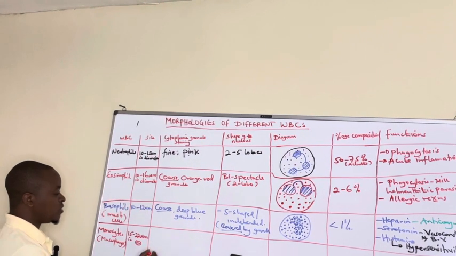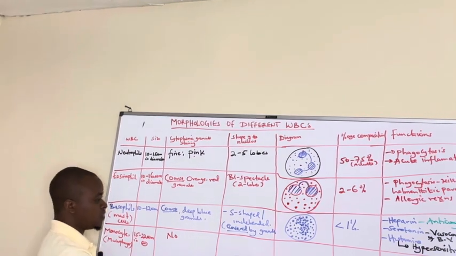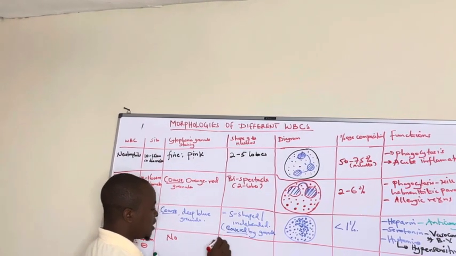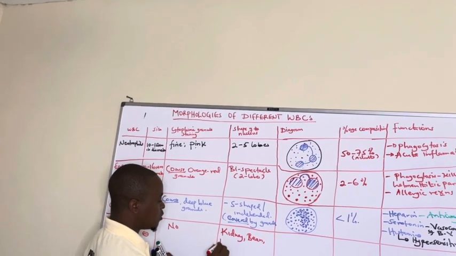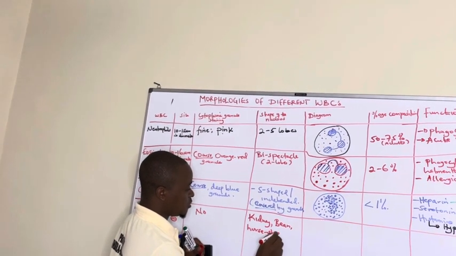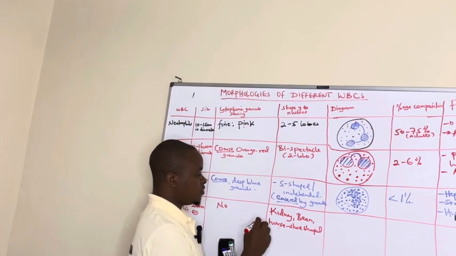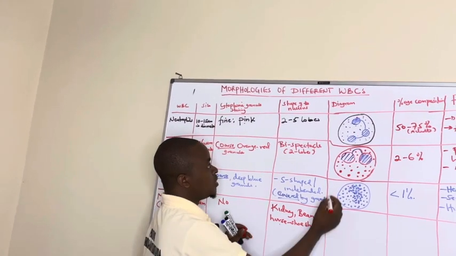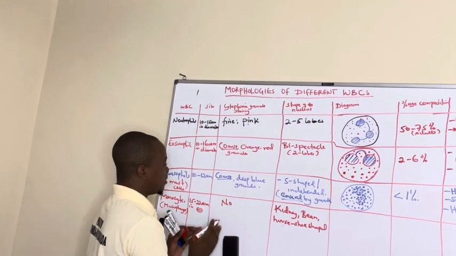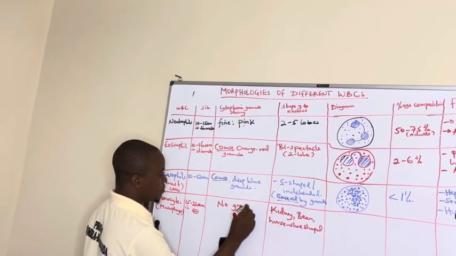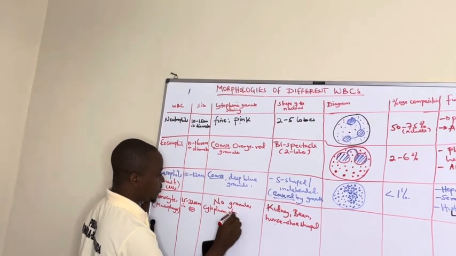They have no cytoplasmic granules when stained with Romanowsky stains, and the nucleus is kidney-shaped, bean-shaped, or horseshoe-shaped. This nucleus also stains basophilic, or blue. The cytoplasm has no granules, but it stains blue.